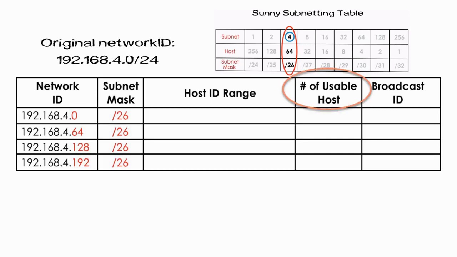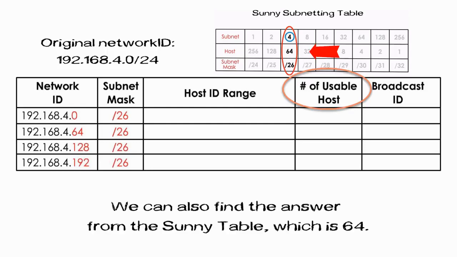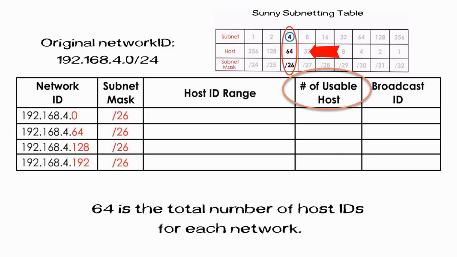Now let's list the number of usable host IDs. We can also find the answer from the Sunny table, which is 64. 64 is the total number of host IDs for each network or each subnet.